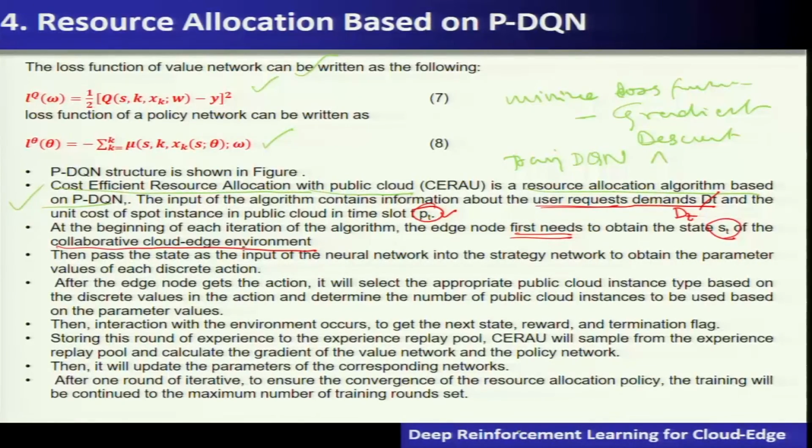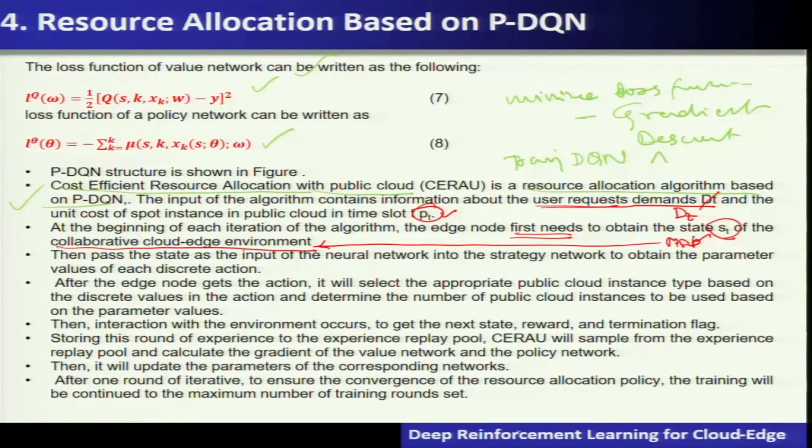It is very important to understand that this collaborative edge environment will become the environment of reinforcement learning, and the state will represent this collaborative cloud edge environment in the MDP formulation.